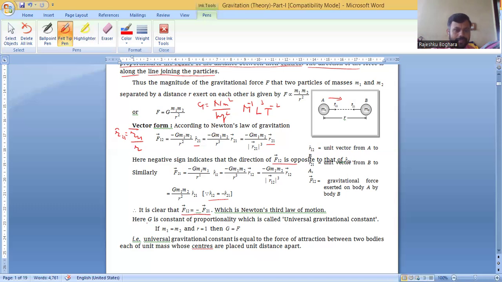G is the constant of proportionality, which is called universal gravitational constant.